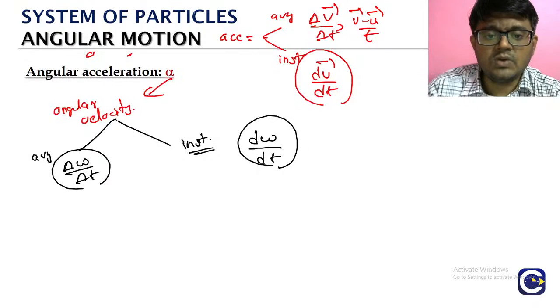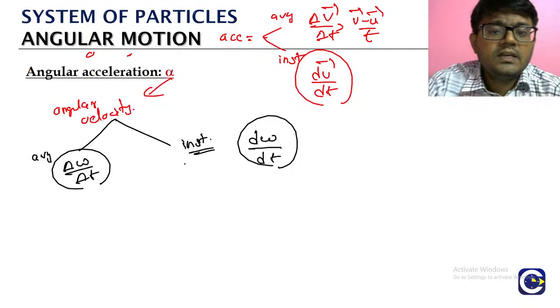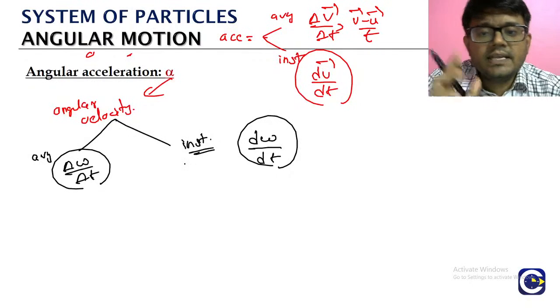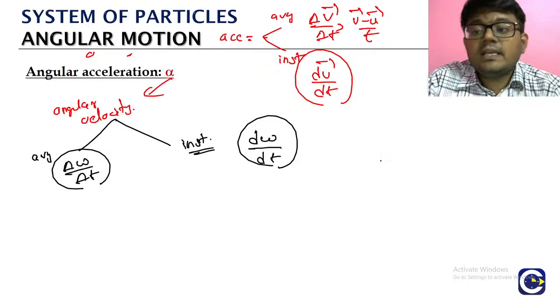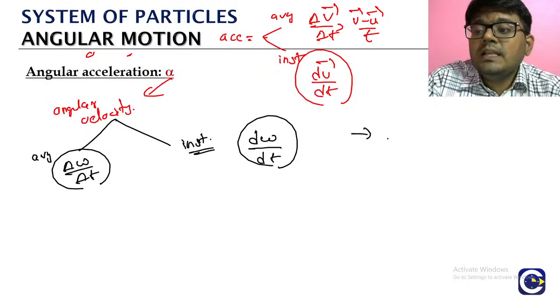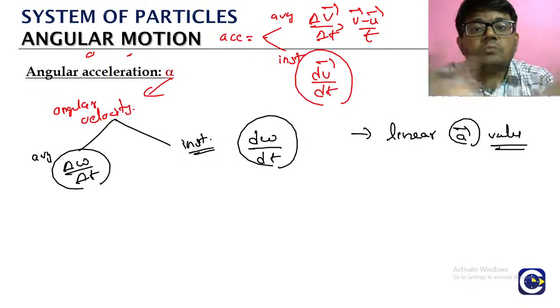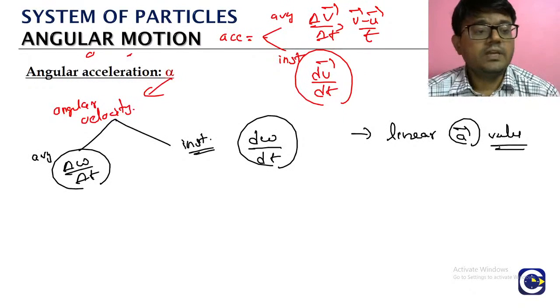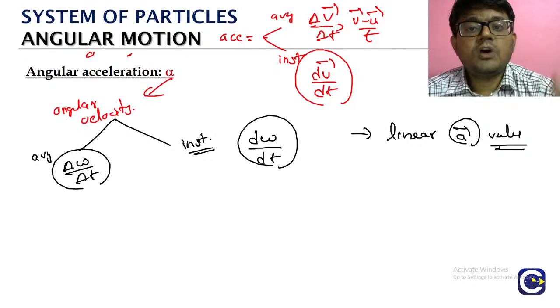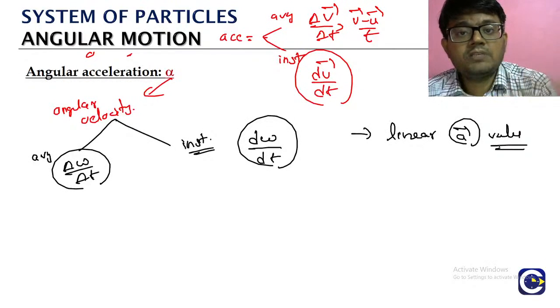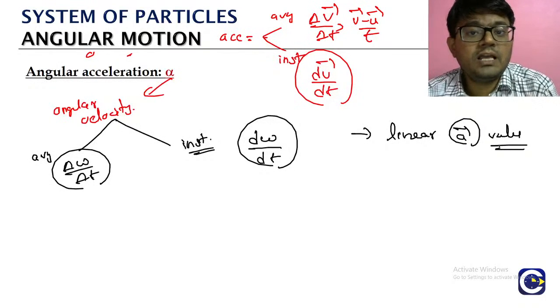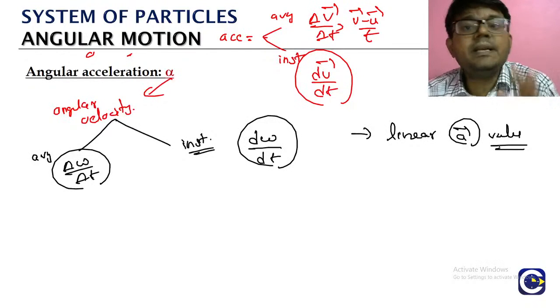So angular acceleration will be either the average concept or the instantaneous concept. Like in the case of linear motion, based upon the acceleration value, we classify the motion: uniform velocity motion, where velocity is constant; uniform acceleration motion, where acceleration is constant; retardation, where the velocity is decreasing.